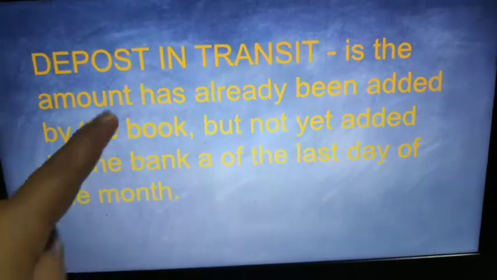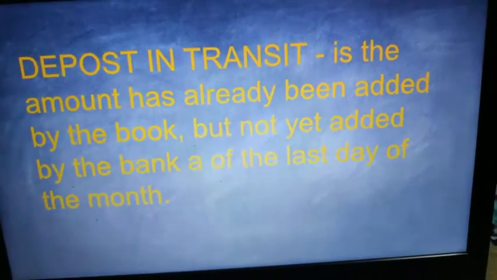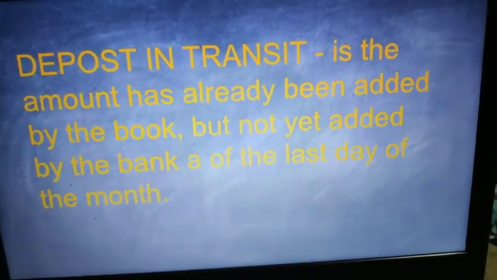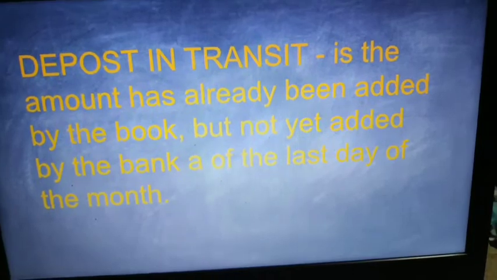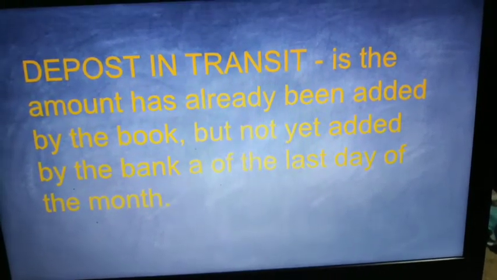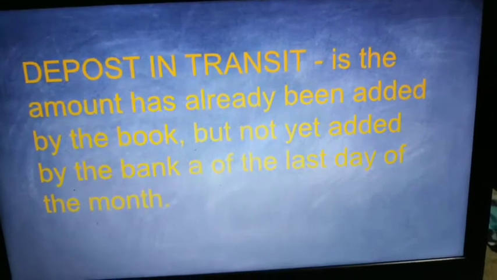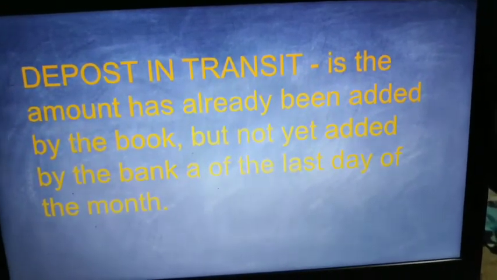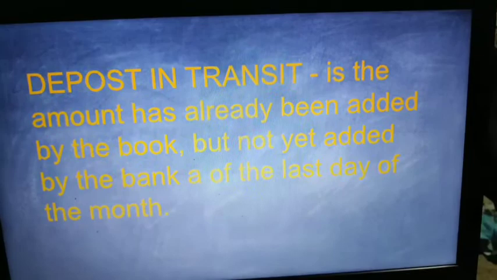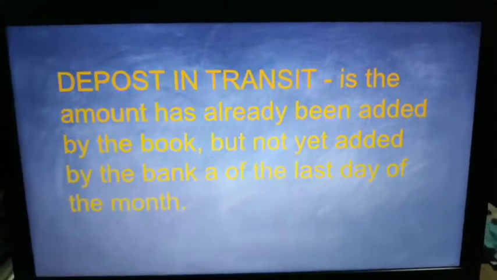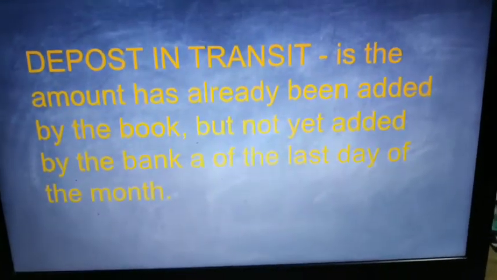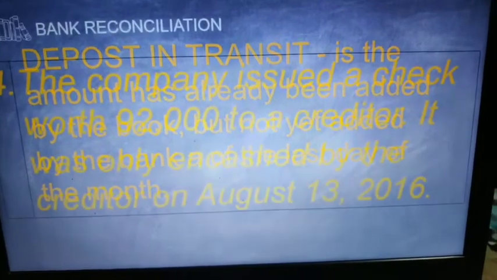This is a deposit in transit: the amount has already been added by the book but not yet added by the bank as of the last day of the month. So, ingon ana ang deposit in transit. Okay, let us proceed to the problem number 4.